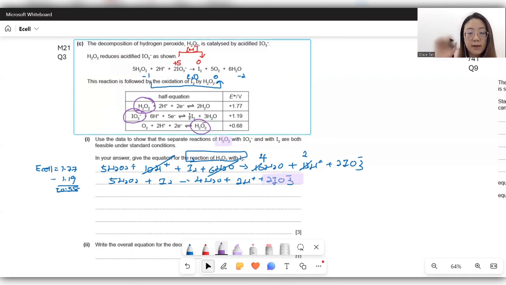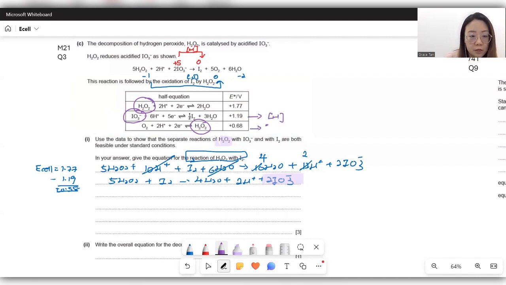So the second set of redox would be these two, where positive 1.19 will undergo reduction and positive 0.68 will undergo oxidation. If you're asking yourself why we can't pick these two, it's because H2O2 here is more positive on top. More positive means undergo reduction.